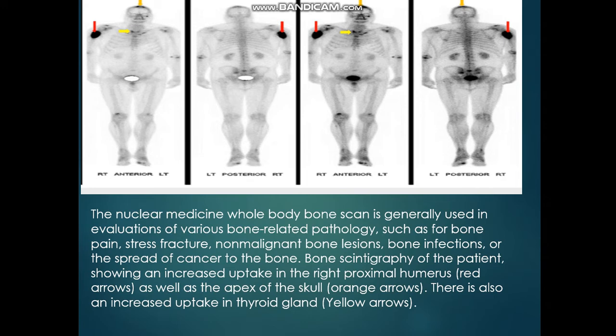In this picture of bone scintigraphy, you can see the patient showing an increased uptake in the right proximal humerus, red arrows, as well as the apex of the skull. There is also an increased uptake in the thyroid gland.